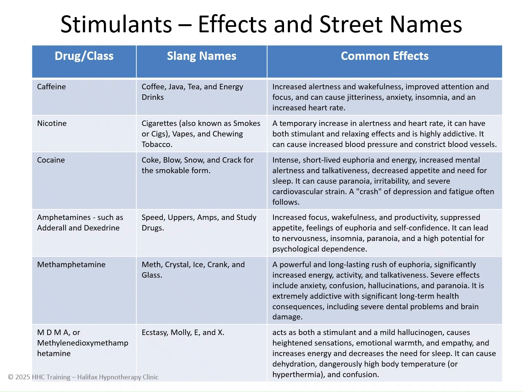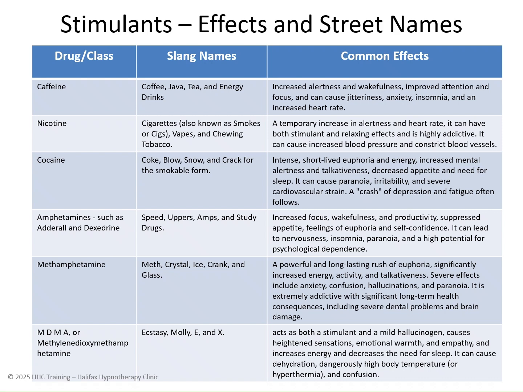For cocaine, slang names include coke, blow, snow, and crack for the smokable form. Common effects include intense, short-lived euphoria and energy, increased mental alertness and talkativeness, decreased appetite and need for sleep. It can cause paranoia, irritability, and severe cardiovascular strain. A crash of depression and fatigue often follows.